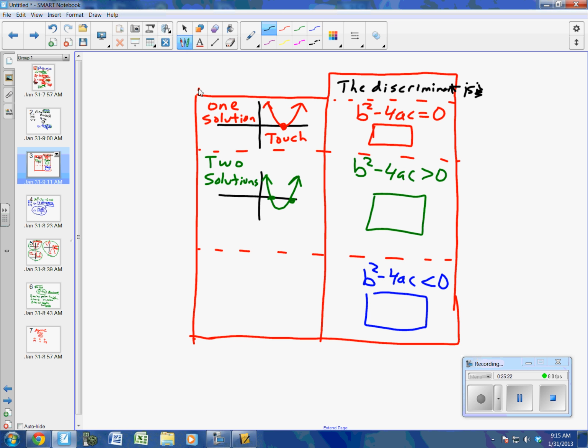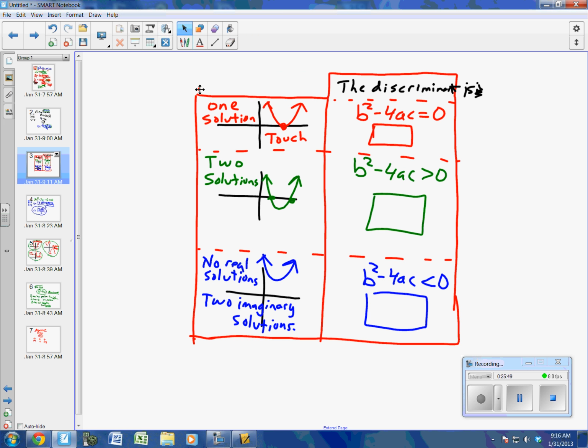You're going to graph it on your calculator, transfer the graph over here, and show that it never touches the x-axis, so there's no real solutions, but that there are 2 imaginary solutions. You guys will have more room to write on yours than I have to write on mine right here. But that's what your foldable is going to look like.